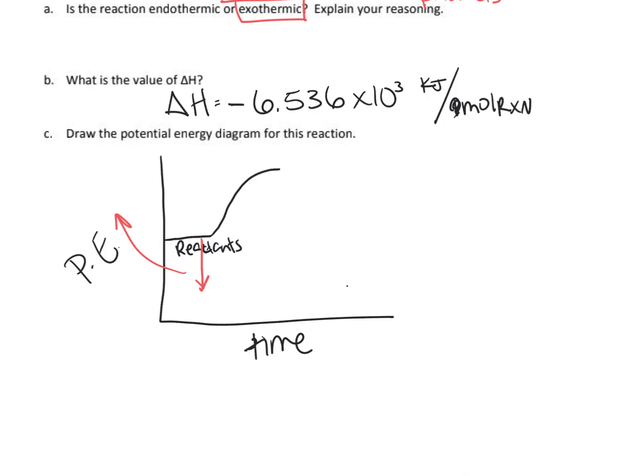So I'm going to draw my line below those, and I'm going to connect my line, and this will be my products. And so we can see if I were to draw dotted lines across, this would be my negative delta H, showing that it's an exothermic reaction. Again, there are no numbers associated with this. We are just showing this overall profile.